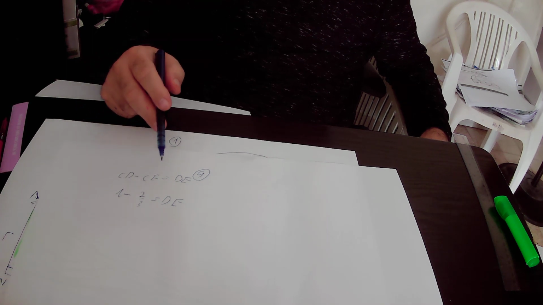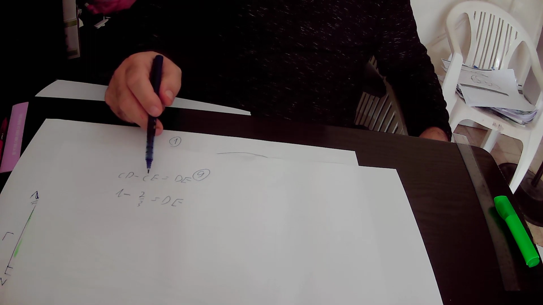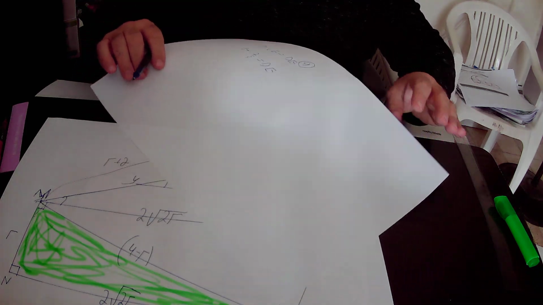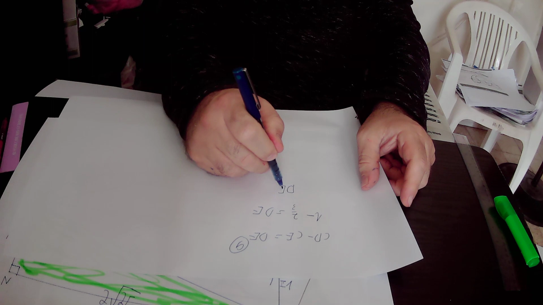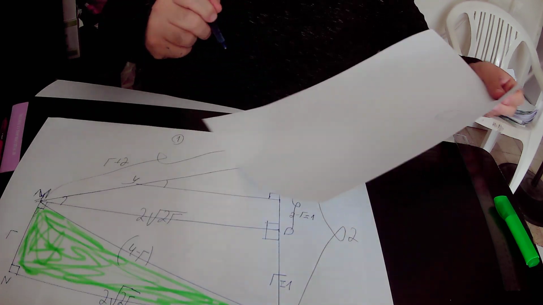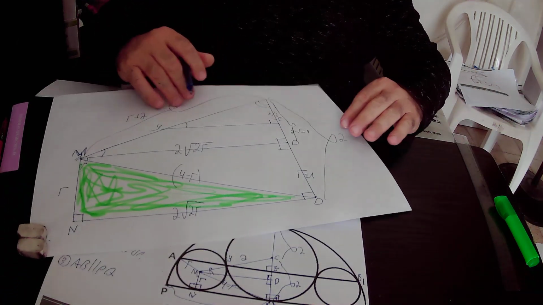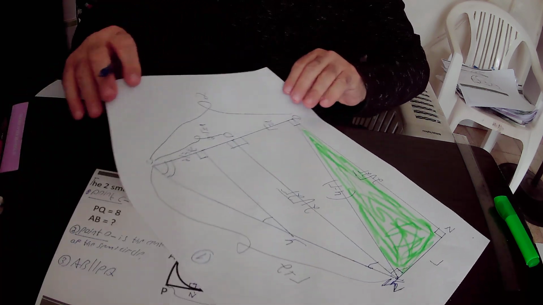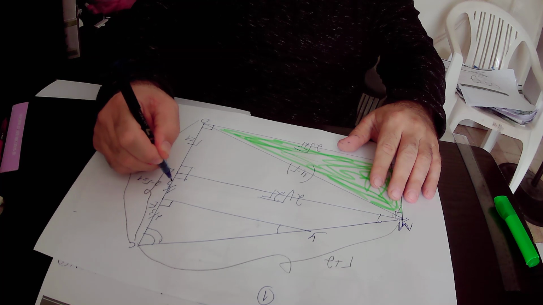So in total we got that DE equals 1 minus 2/3. 1 minus 2/3 is 1/3, so we found out that DE equals 1/3. We will write here that DE equals 1/3.